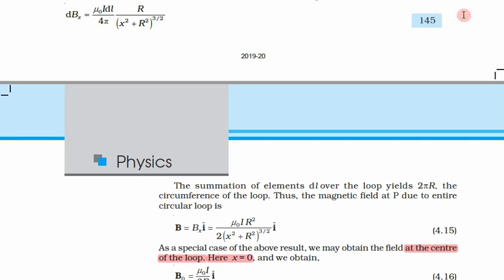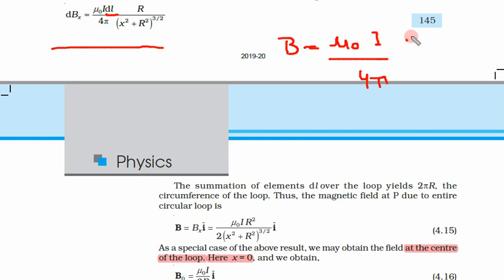So this was our equation: dBx is equal to mu naught I dl upon 4 pi, r upon x square plus r square to the power 3 by 2. So total B is mu naught I by 4 pi. This dl for the whole loop will become 2 pi r, and there is already one r there.